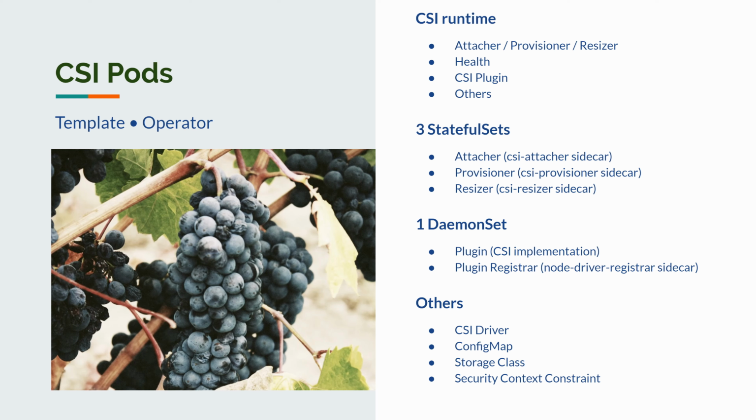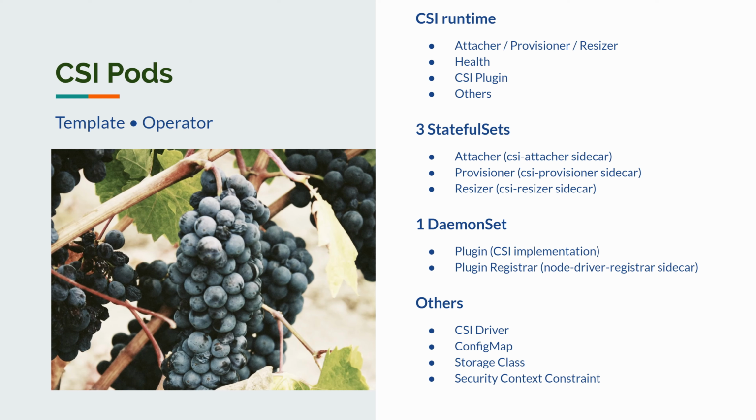That is the formal way of developing anything in Kubernetes these days. You need to create a custom resource definition and a corresponding operator, and deploy these two inside the environment. Whenever you want, you create a custom resource, and that will cause the operator to wake up and create all these stateful sets and daemon sets inside the environment. That is another approach, but in this video we will talk about the template approach.